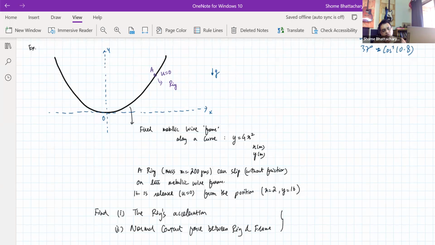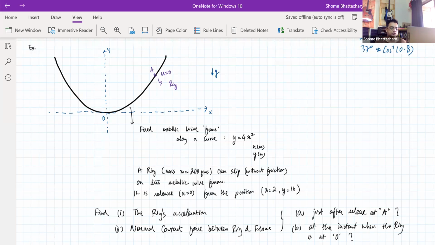Both of these just after release at A, and at the instant when the ring is at the lowest point O.